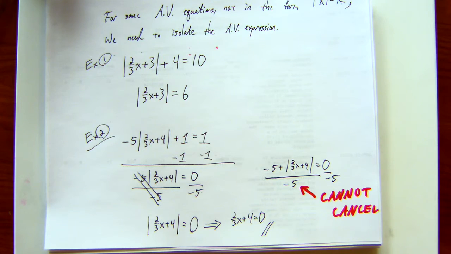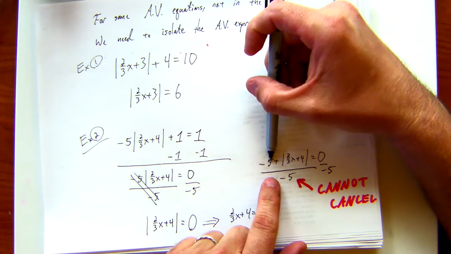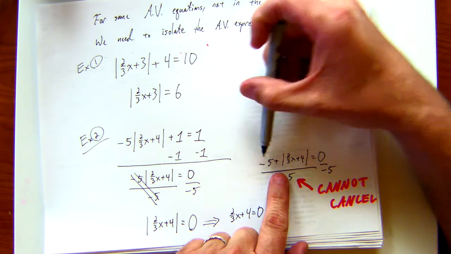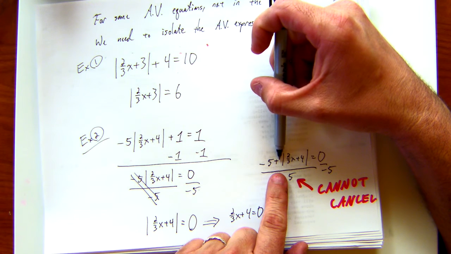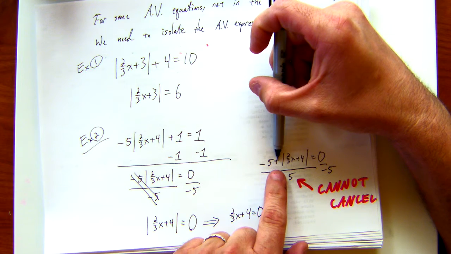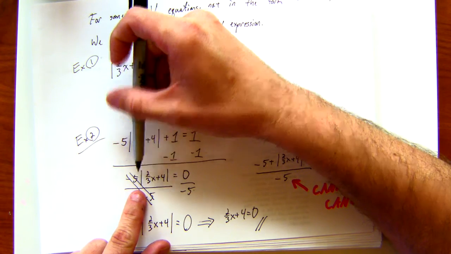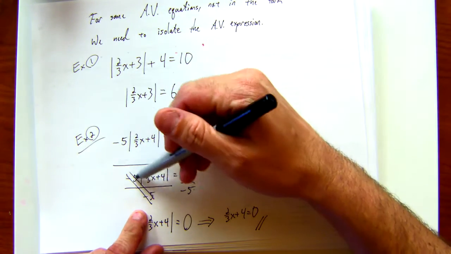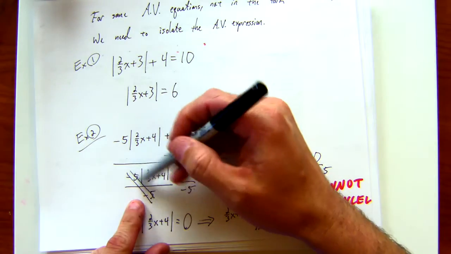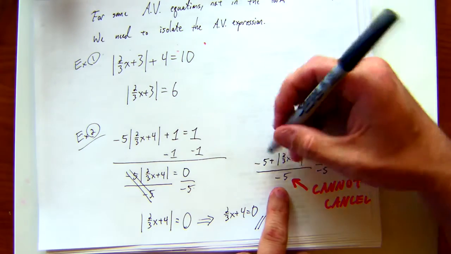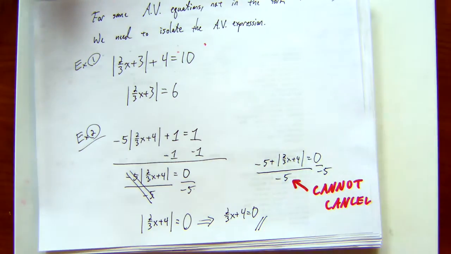The reason is how this negative 5 is connected to this absolute value. What's its relationship? It's added. The other one is multiplied. That's why when you divide by a number that's multiplied, you can cancel. But if you divide by a number that's added to something, you cannot cancel.